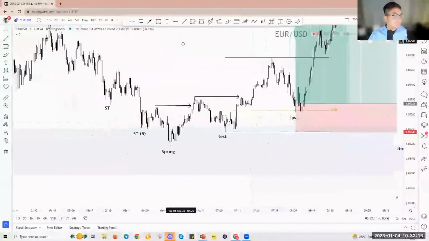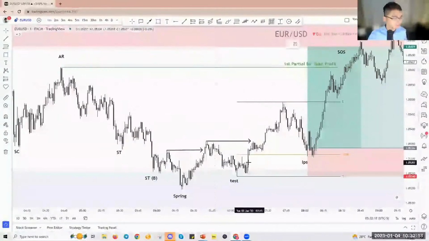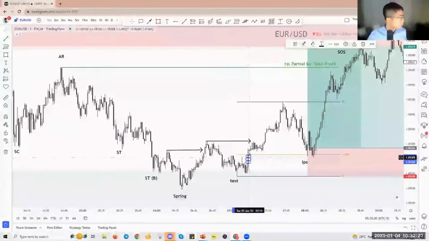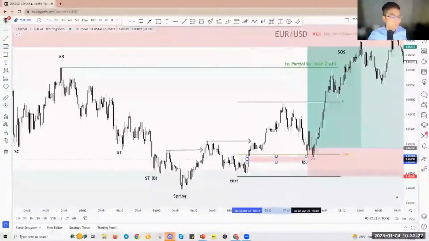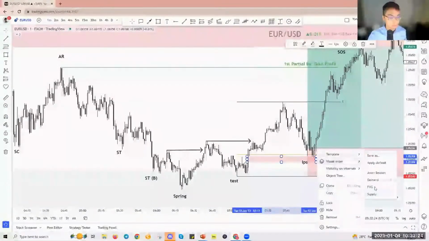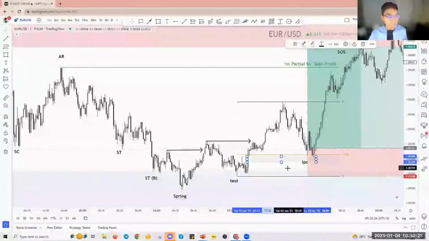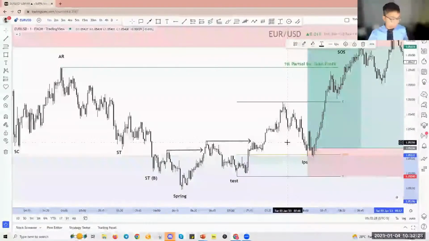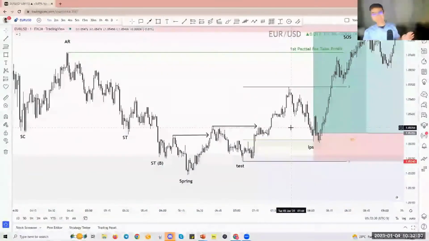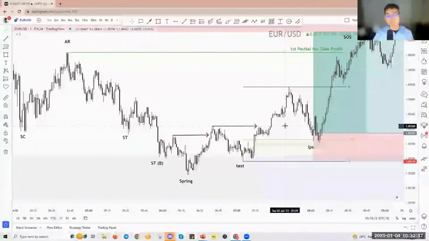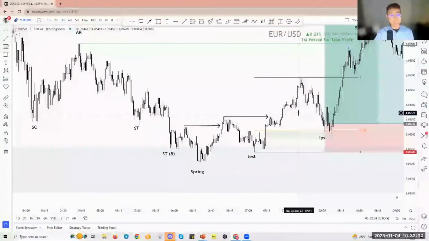If you look at the chart right here, there's a very, very tiny market imbalance right here. This is called a fair value gap. You can actually enter. Please do not think too much about all these fair value gaps. All this is not part of the Wyckoff schematic, but this is a way that I use to refine my entry.